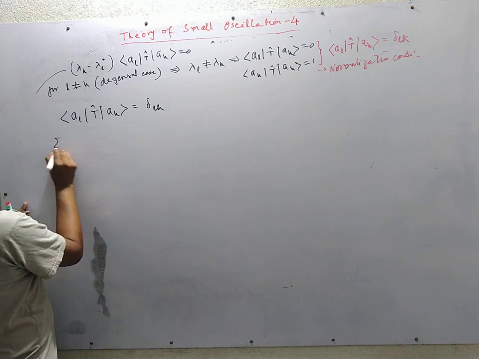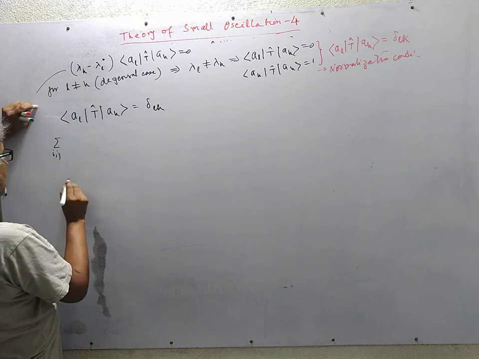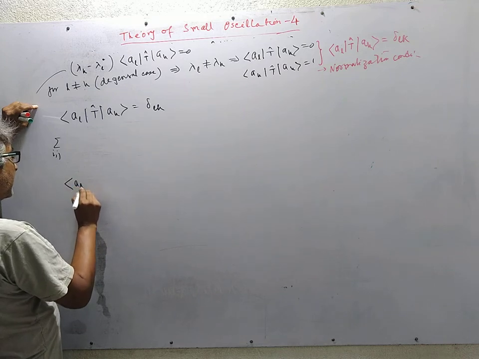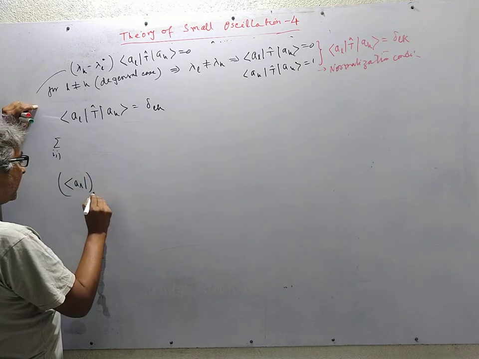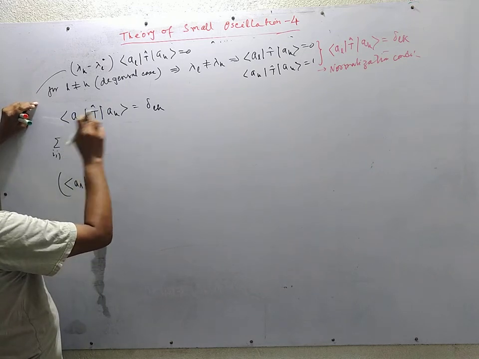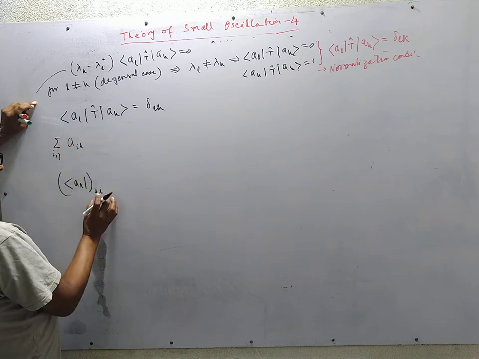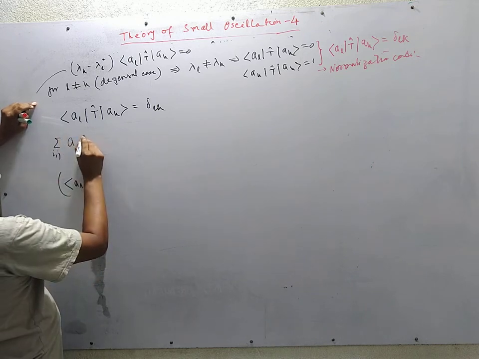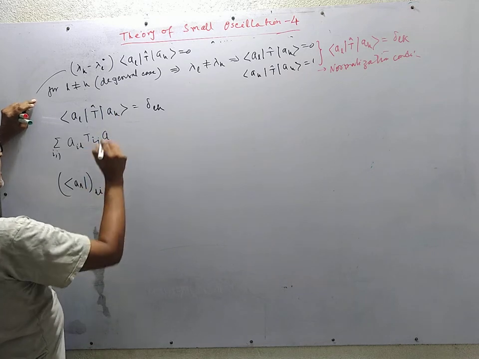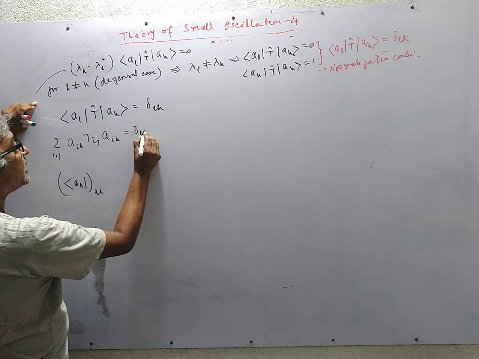We write it as a summation over i, j: the l-th element, since it is the transpose, the ordering is interchanged, so it is a_il, then T_ij, and then a_jk, is equal to delta_lk.